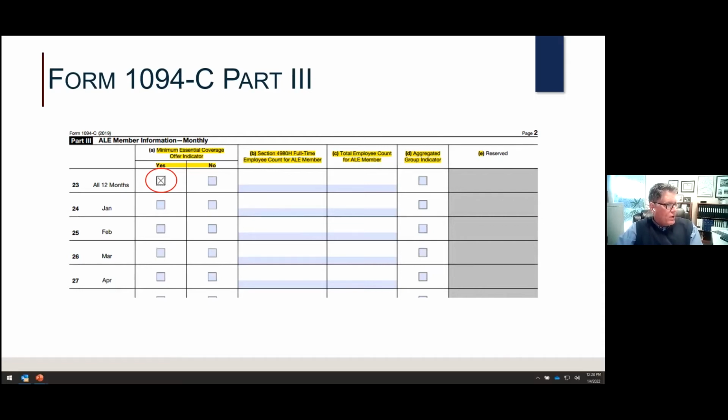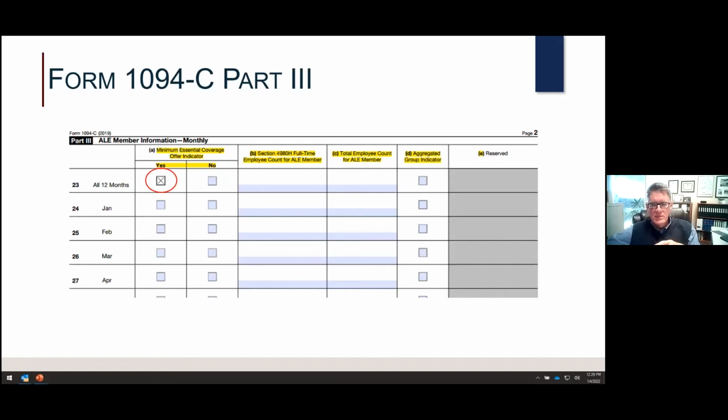This is only for an offer. We offered 3 full-time employees healthcare, 1 declined. So yeah, the purpose of the ACA reporting is just to prove to the IRS that you made your offer of coverage. It's the employer proving that you've met your mandate. The IRS doesn't really care if the employee has accepted the offer or not, but they do care if you've met your mandate.